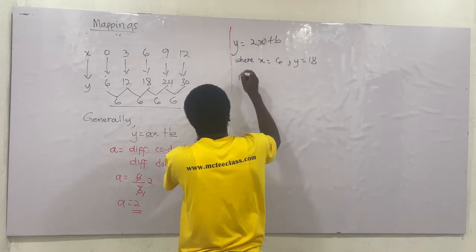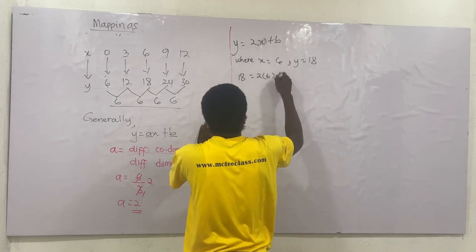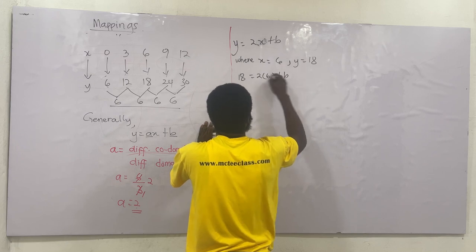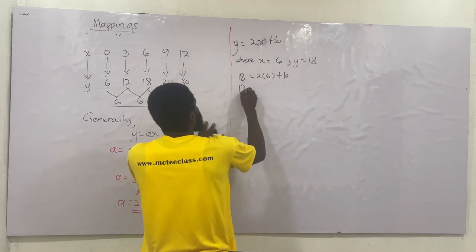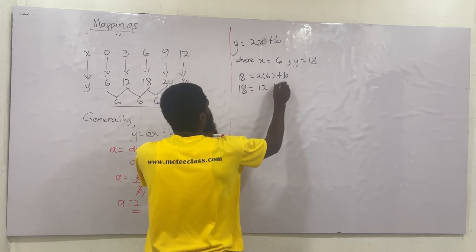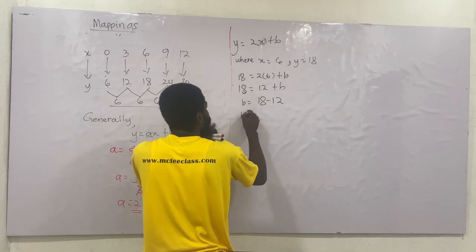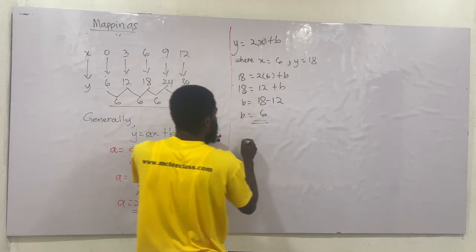This gives me 18 equals 2 into bracket 6 plus b. So 18 equals 12 plus b. So b should be equal to 18 minus 12. b will be equal to 6. So we have b to be 6.